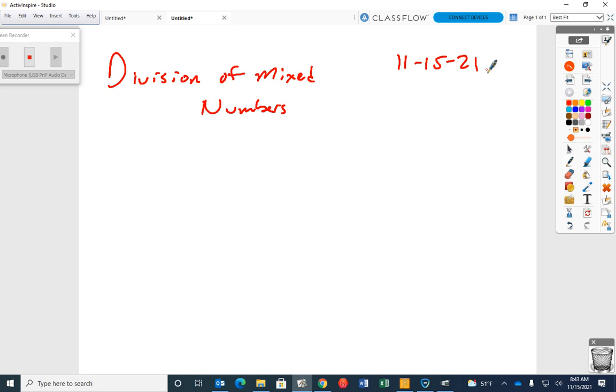Just like when we did addition, subtraction, and multiplication of mixed numbers, what do you think we're going to have to do with a mixed number? Convert it to an improper fraction.